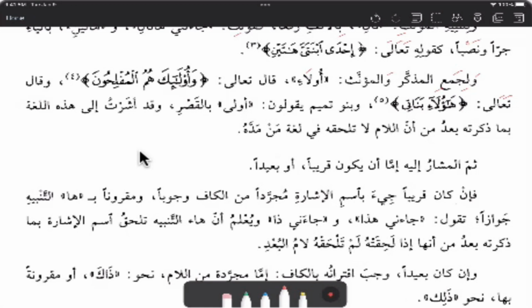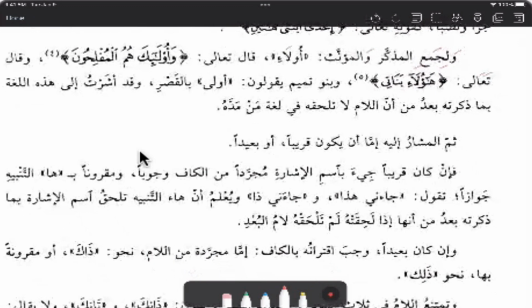So what did the author do here? He gave us an example for the masculine and the feminine. وَأُولَٰئِكَ هُمْ. Hum, that's masculine. Hunna is feminine. So أُولَٰئِكَ hum. So that's for masculine. But women could be included in there. And also, هَؤُلَاءِ بَنَاتِي. Ula banati, those are my daughters.